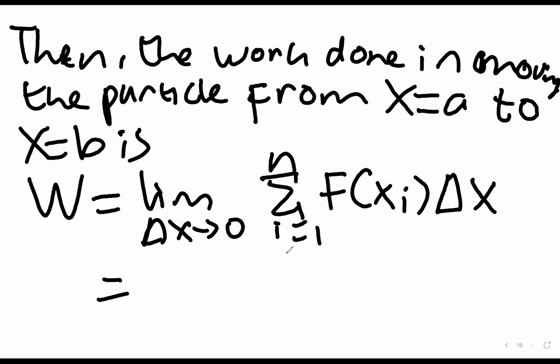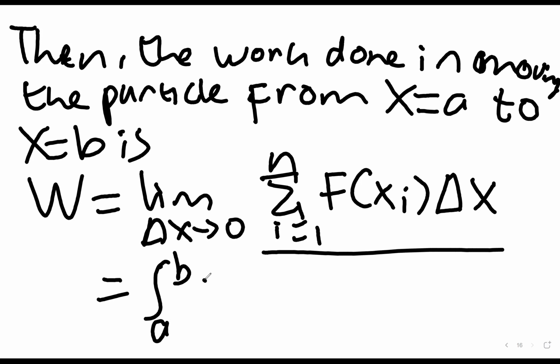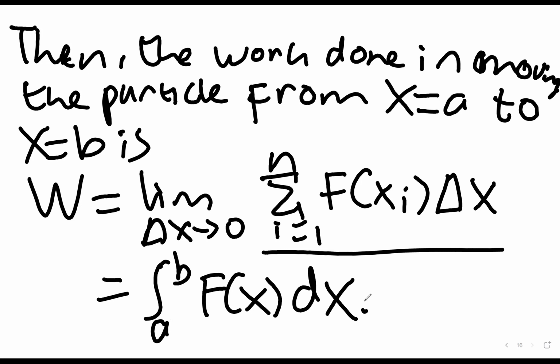And of course, if the limit exists, then the value will be the integral from a until b of f(x) dx. So that's the formulation of the work done in moving the particle from x equals a until x equals b. This is the general formulation here.